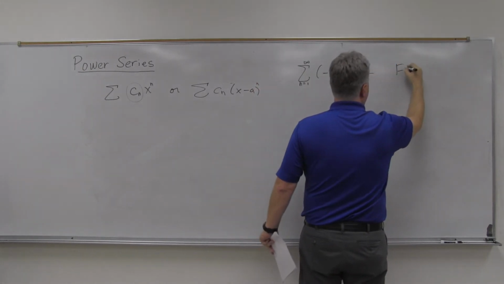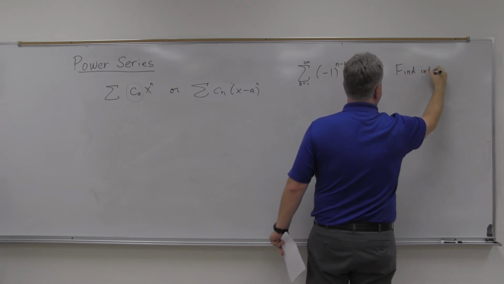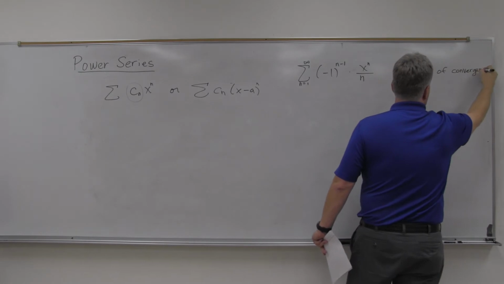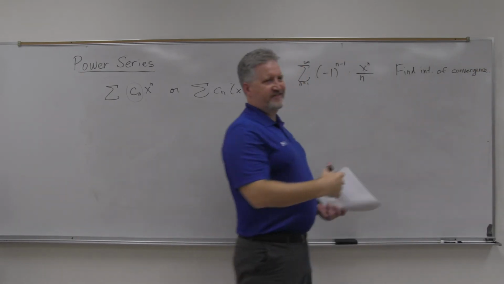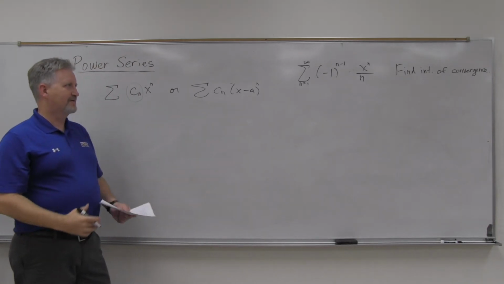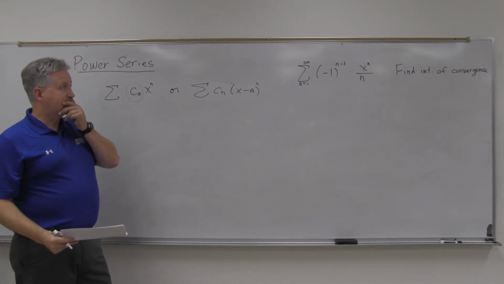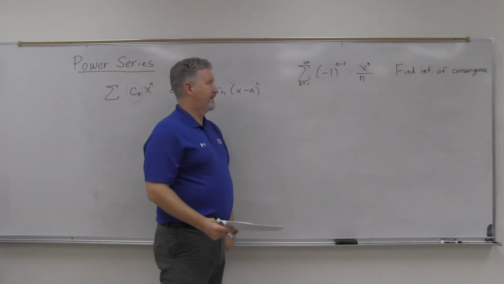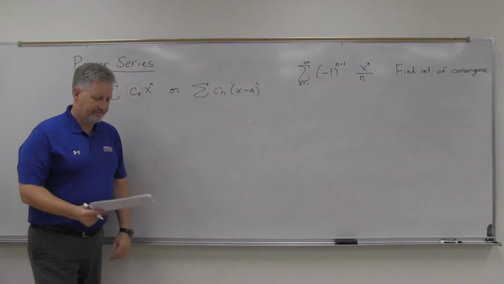So I want to find the interval of convergence. Because like I said, if it's not just x to the n, we've got to figure out the interval of convergence.